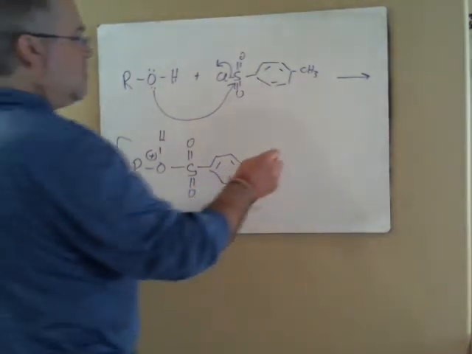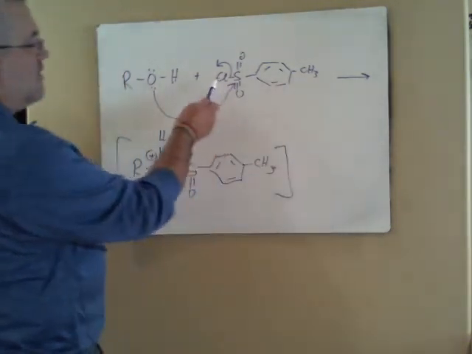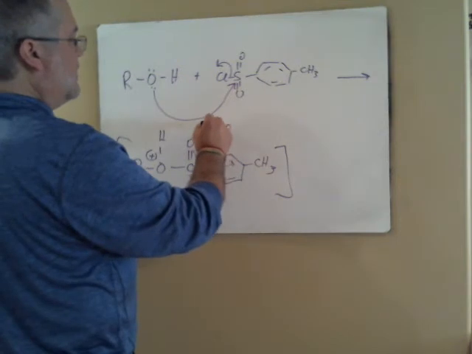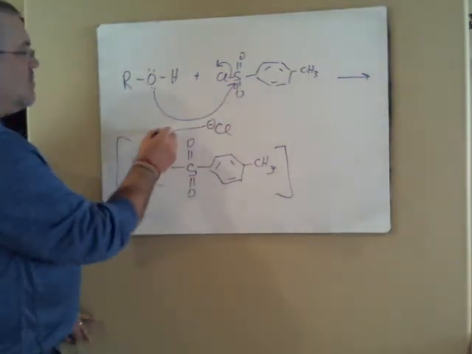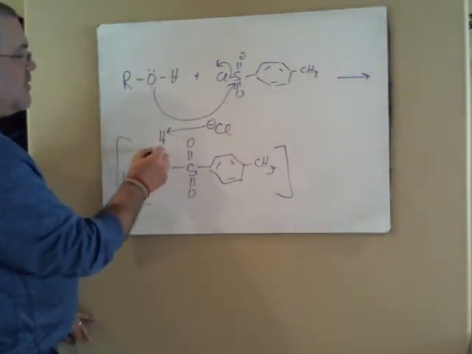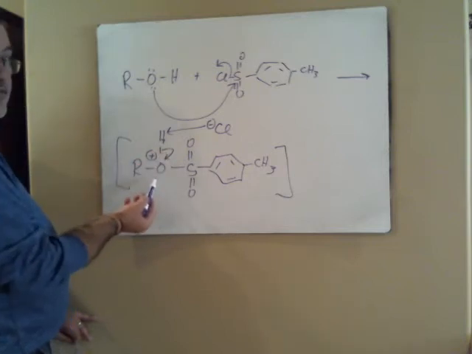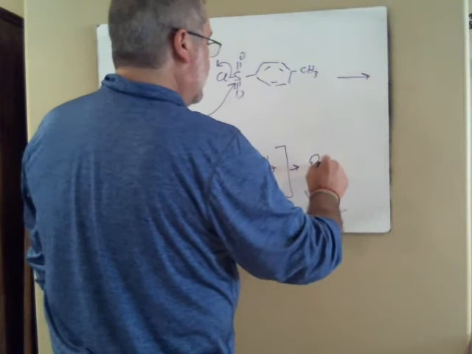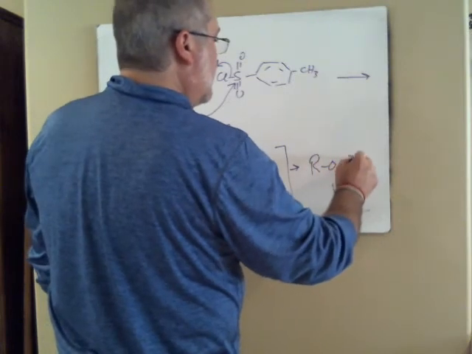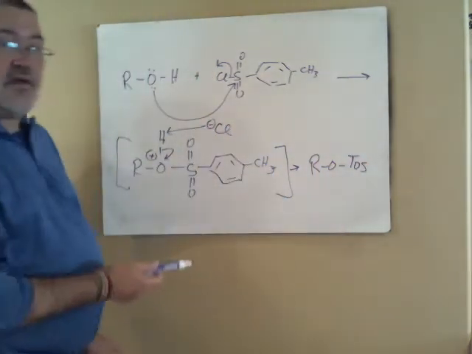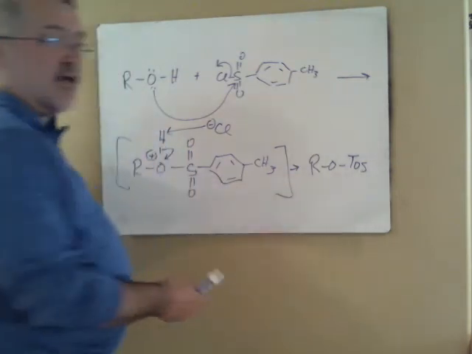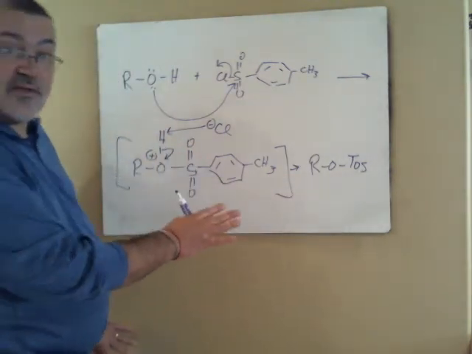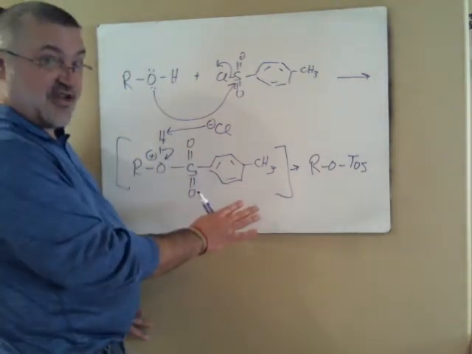And then it's simply a matter then, I lost chlorine here, so I have Cl minus, and it's simply going to remove this acidic proton, pushing the electrons back to the oxygen, and therefore I'm going to produce my product, which I'm going to abbreviate. Remember, at tosylate we did Ts last semester. The abbreviation hasn't changed.